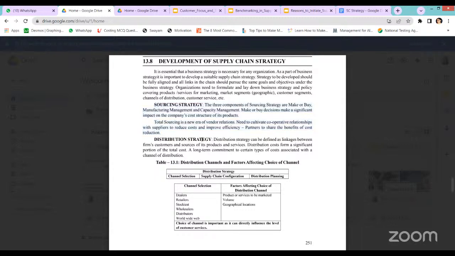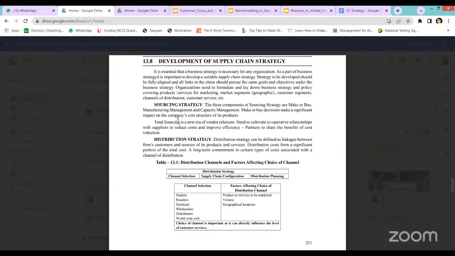The next one is distribution strategy. Distribution strategy is with regard to linking the supplier to the final consumer, linking all the different networks involved in distribution. What kind of strategy helps?